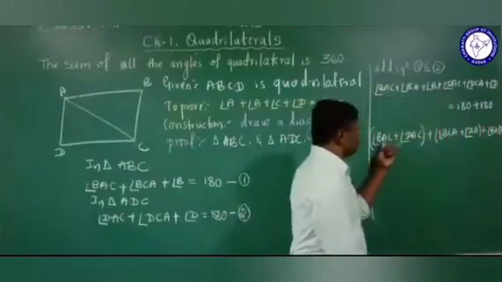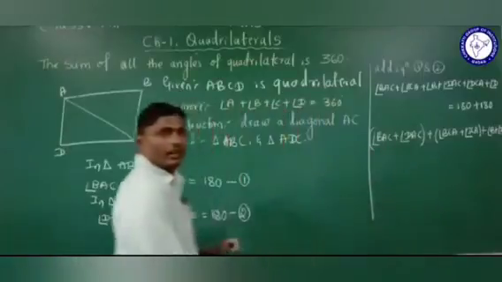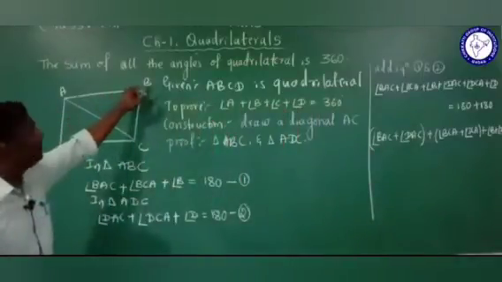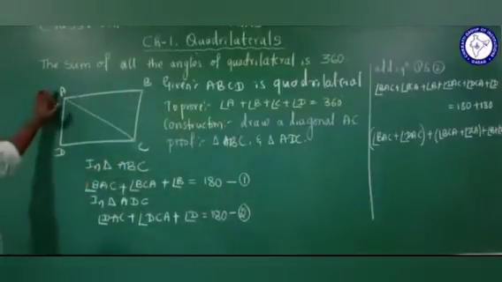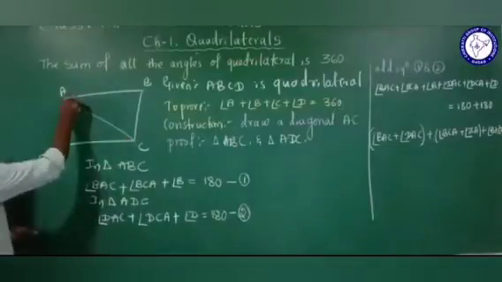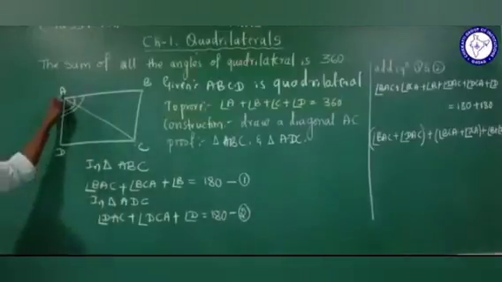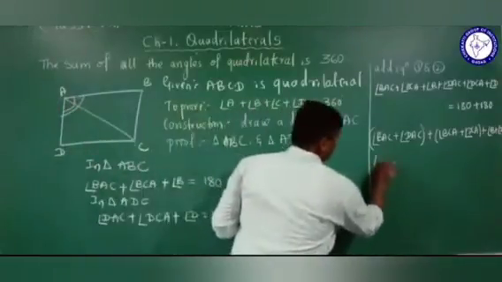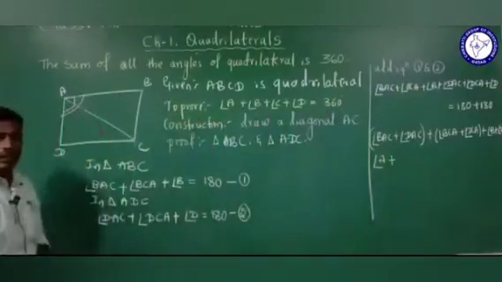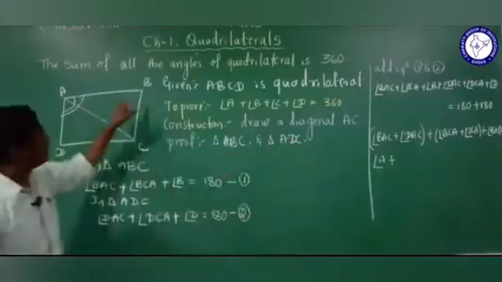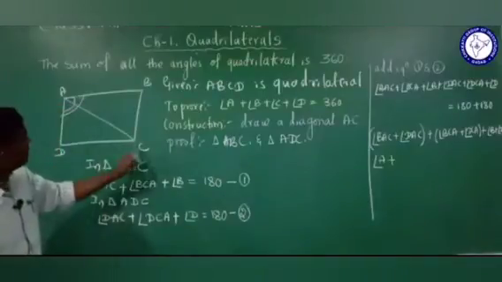So by adding angle BAC and angle DAC, what will we get? Observe the diagram. By adding these two angles we get one complete angle, that is angle A. Again, one more term is there, angle BCA and angle DCA.